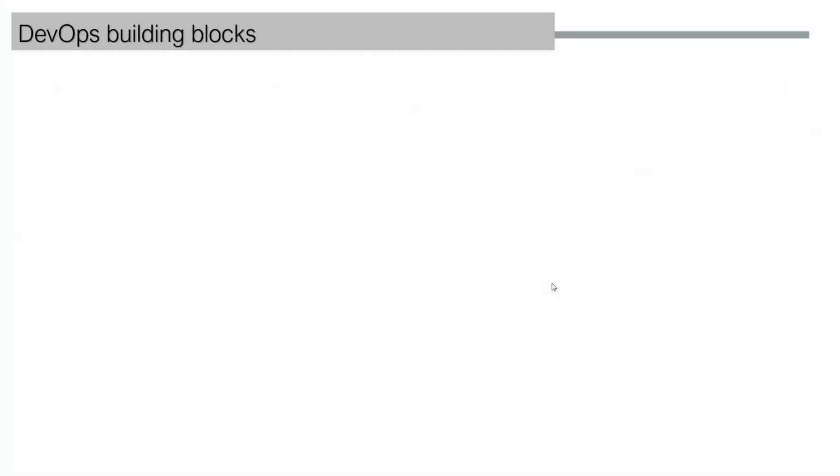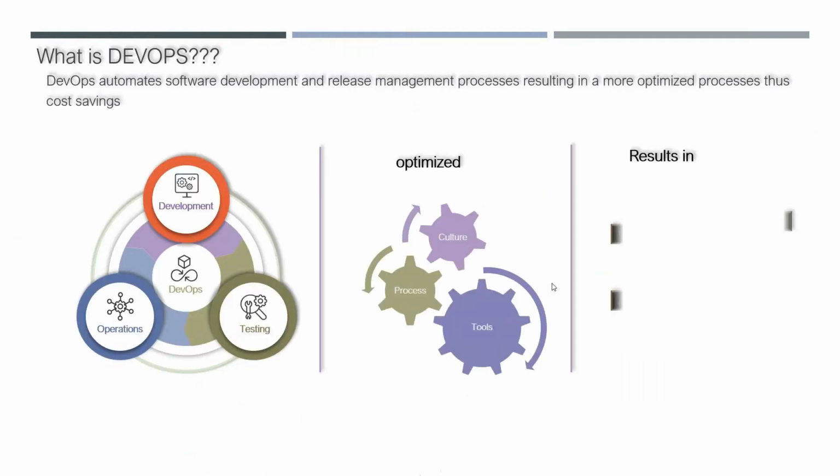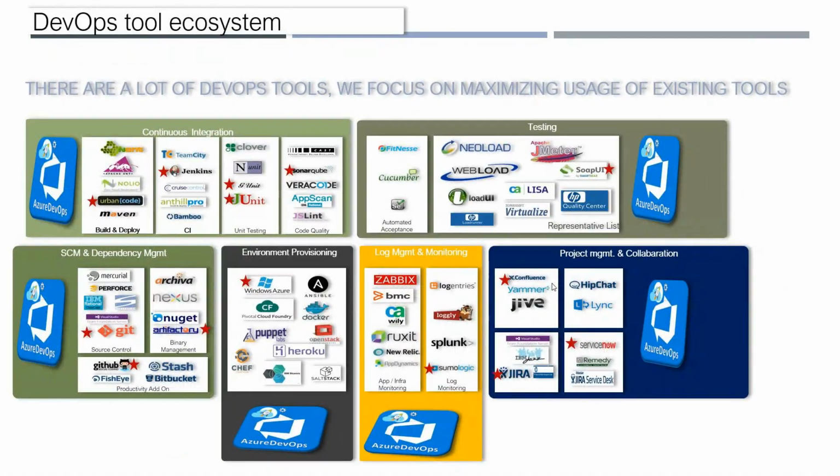Let me go back here. You saw this diagram yesterday, right? Yesterday I was saying that if you are not using platforms like Azure DevOps, you have to use different tools to do continuous integration, and different tools for continuous testing.